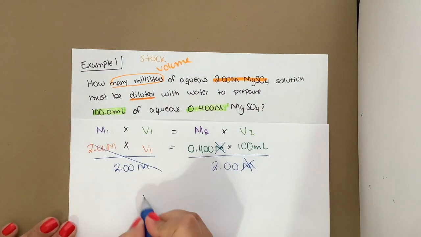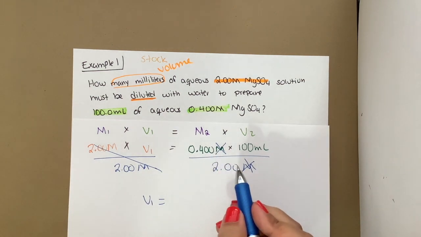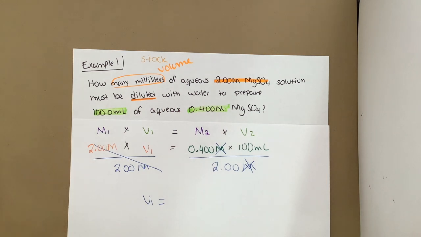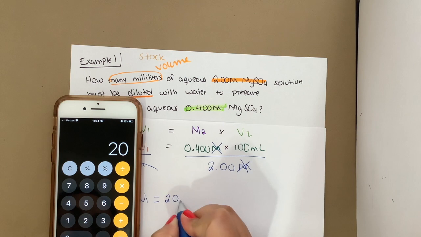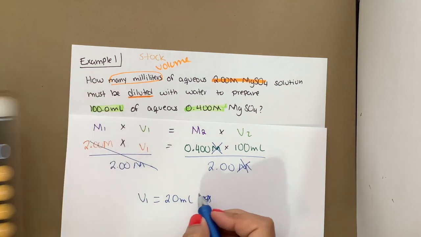So V1, my initial volume, equals 0.4 times 100. Let me get my calculator. 0.4 times 100 divided by 2 equals 20 milliliters.